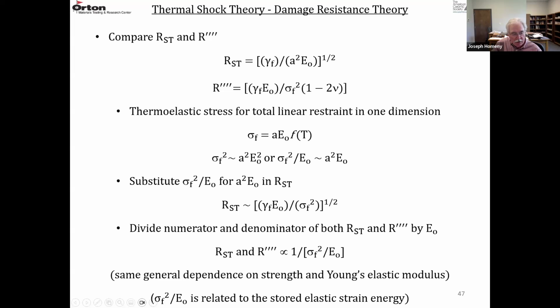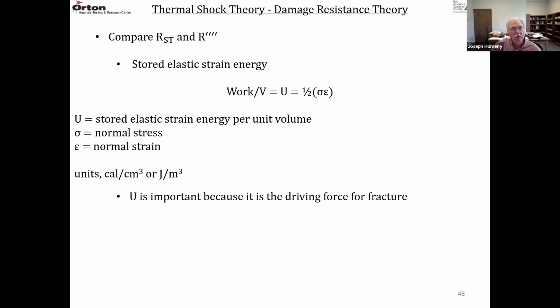And this term here, the strength squared over E, is basically the stored elastic strain energy. So you minimize this term in the denominator, you maximize either one of these. So you need to minimize the stored elastic strain energy to get a high value of RST or R4 prime, which is what you want for thermal shock resistance.